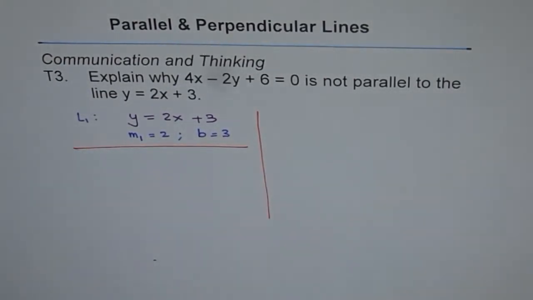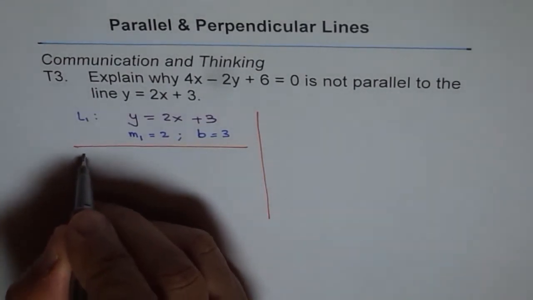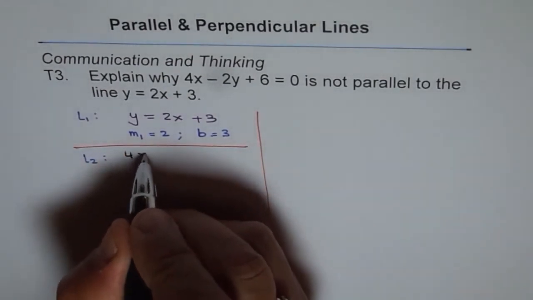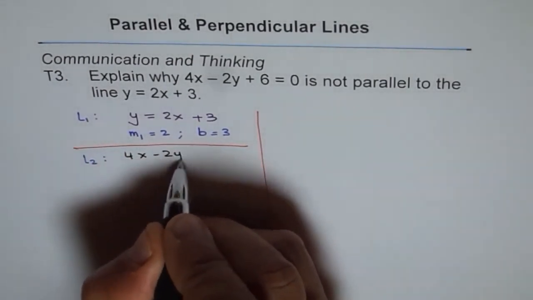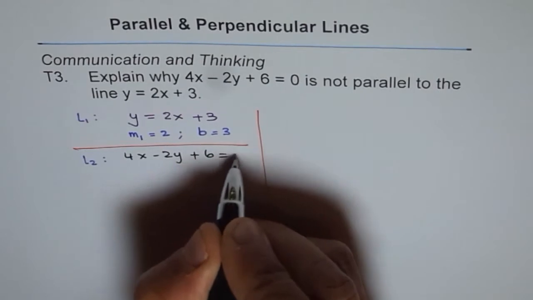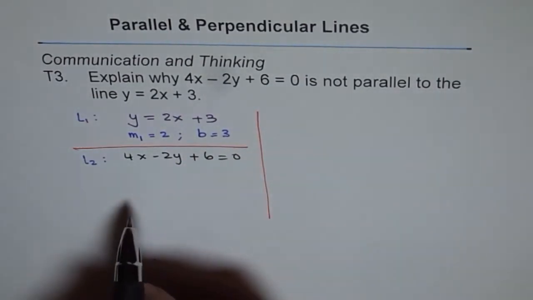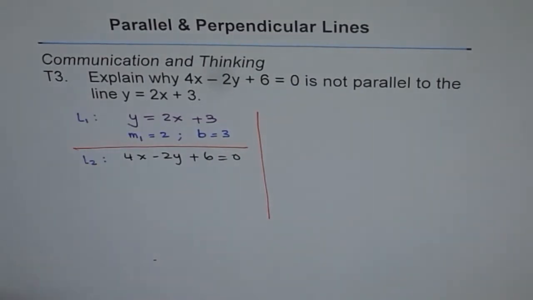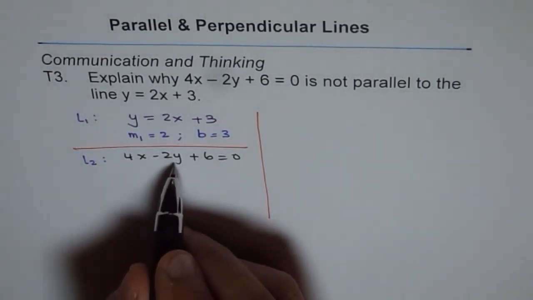For line 2, the equation is 4x minus 2y plus 6 equals 0. Now let's write this line in slope-intercept form, just as the first equation. So let's isolate y.